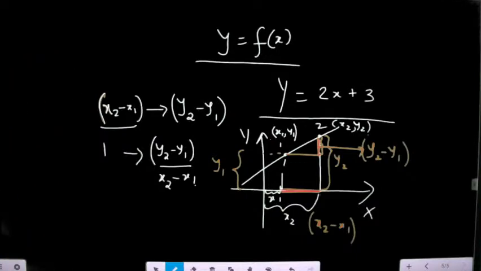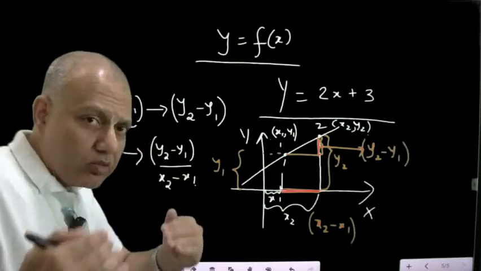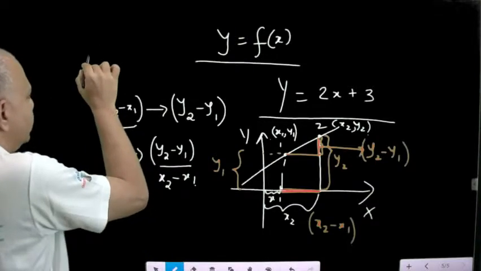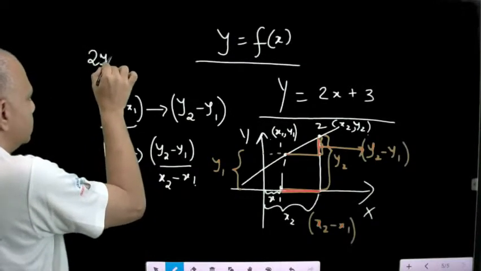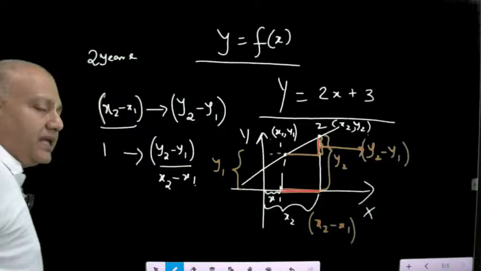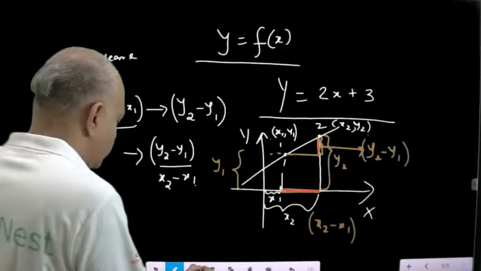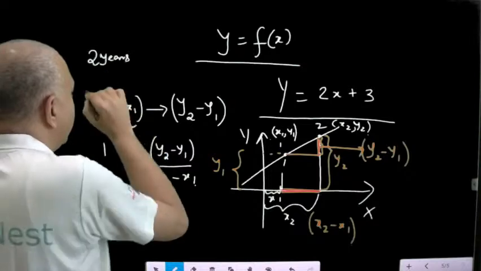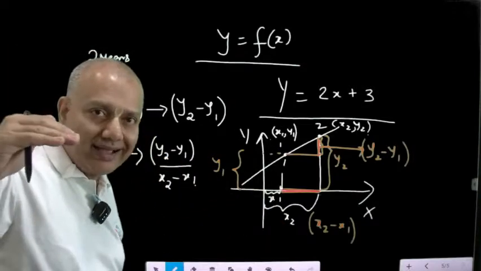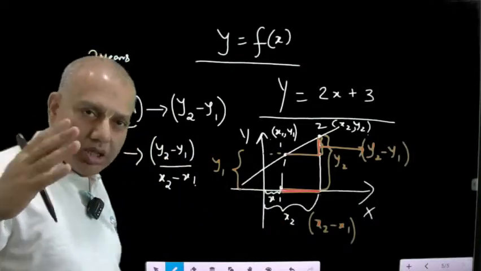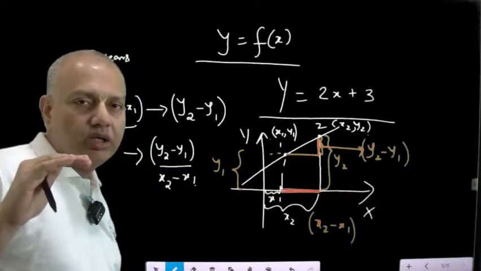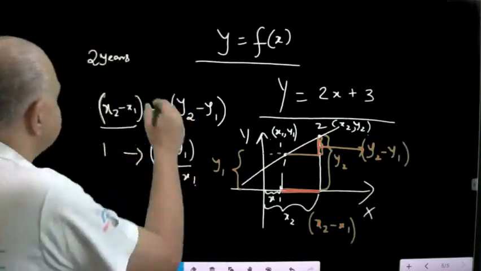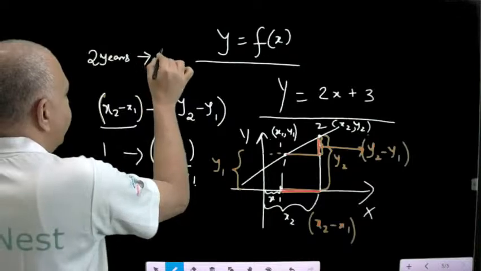Understanding my point? Just think about this: within 2 years, the height of a child has increased 6 inch. Within 2 years, there is a change of height of 6 inch.